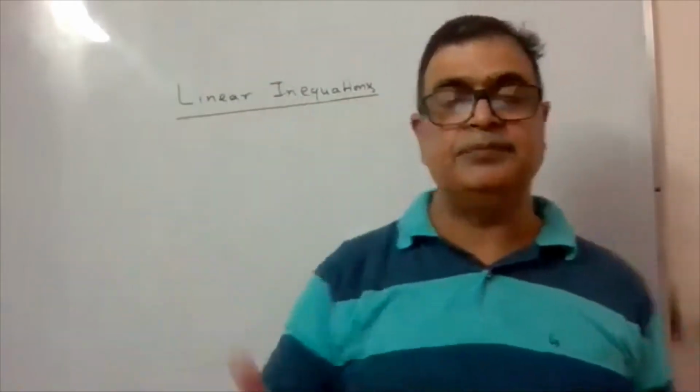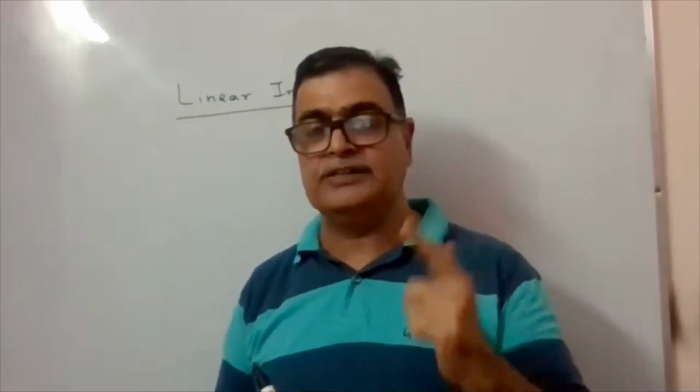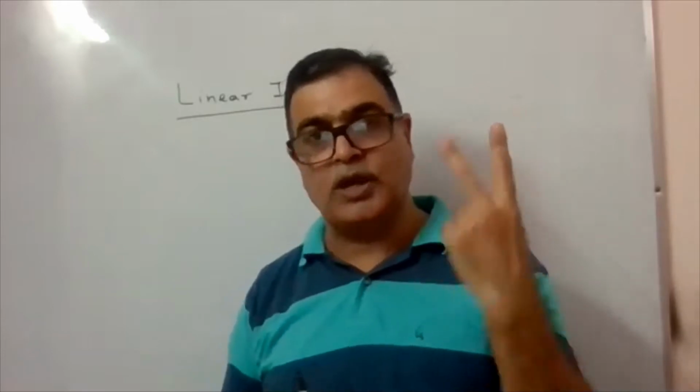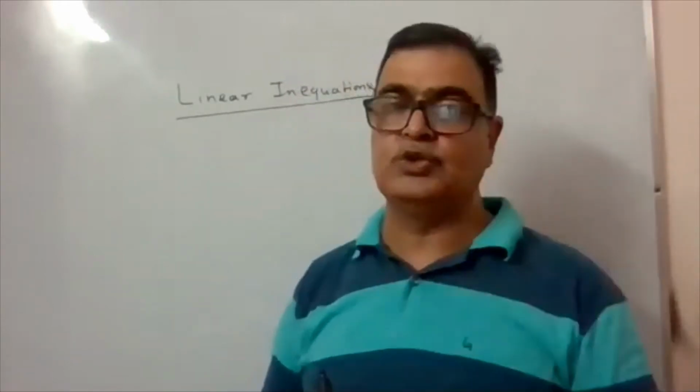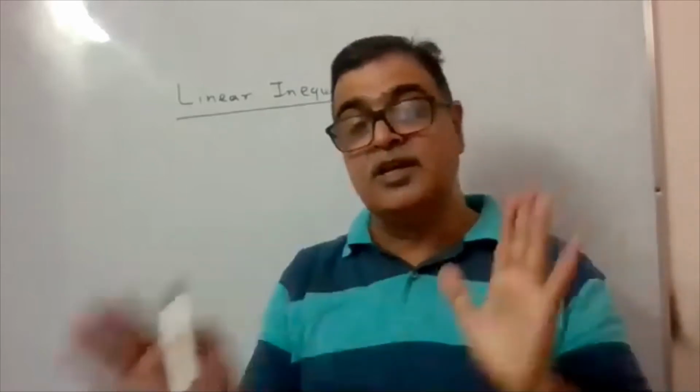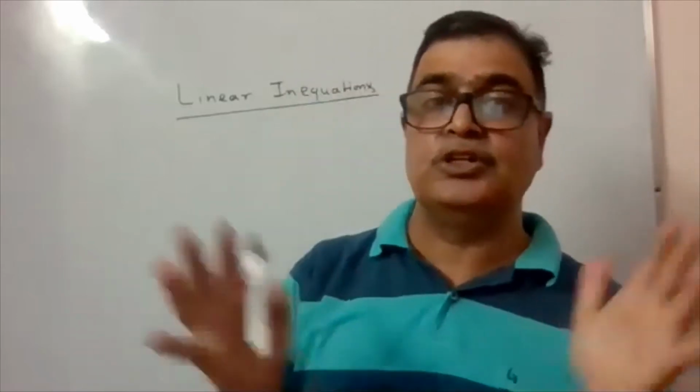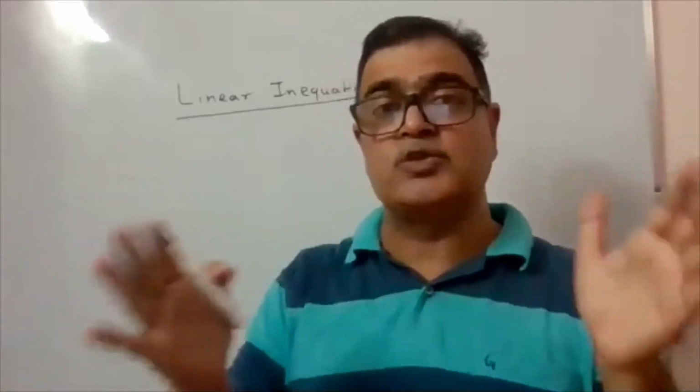That means this time the answers will be in interval form. Till now, if it was a linear equation, we used to have one solution. If quadratic, 2 solutions. If cubic equation, 3 solutions. But when they are inequations, not a single solution, there will be an interval which will be giving the solution this time.